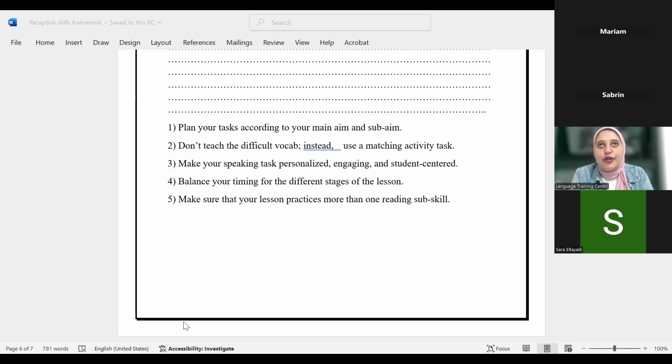For fast finishers, you need to be ready with extra tasks, so that when they finish, they go for the coming task until the weaker students finish.